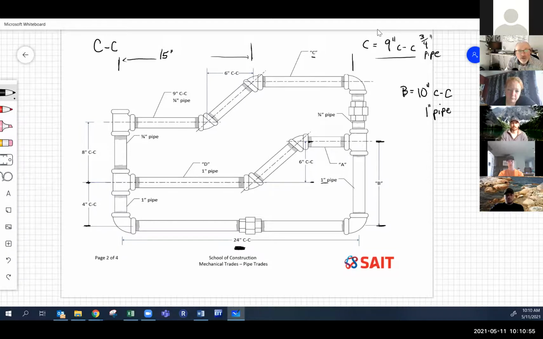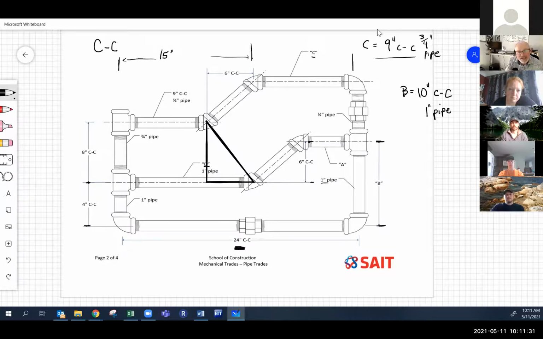Now we want to calculate D. And to do that, I got to do a little bit of trigonometry, quite frankly. So I am going to draw a right angle triangle right in here. See my right angle triangle there?